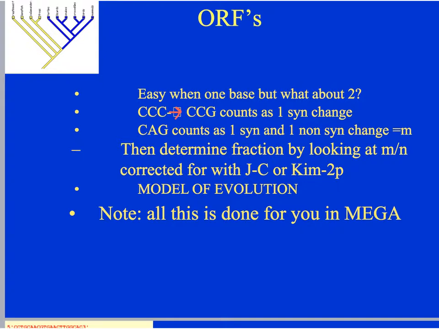Yes? So your K is only between two sequences, or will it do it for all? So it does pairwise. It would do it between A and B, A and C, A and D, A and E, B and C, B and D, B and E, right? So you're gonna end up with a matrix, and in each square, it's between two sequences.